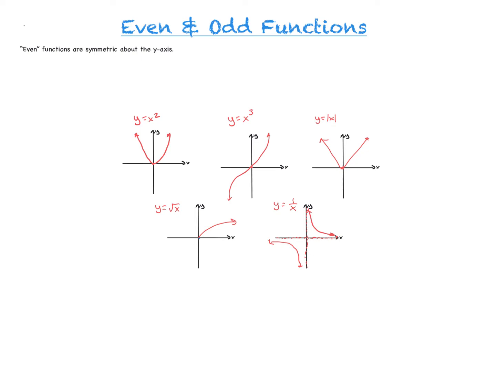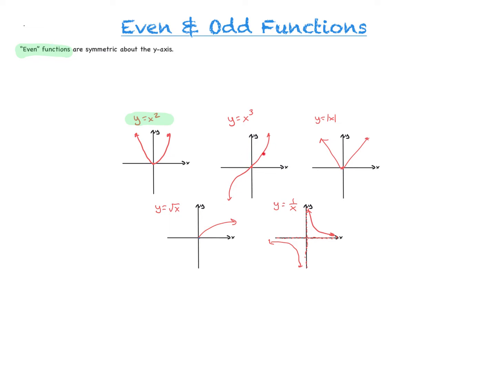Let's take a look at why that is. If we look at the two even functions we have listed here, one is y equals x squared, which has a symmetry about the y-axis. And not x cubed. It's not symmetric about the y-axis.